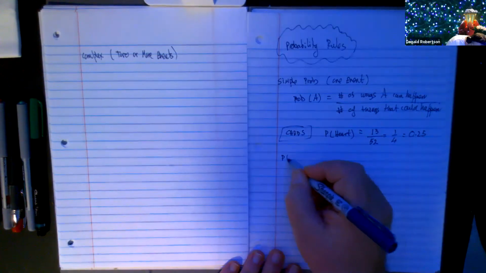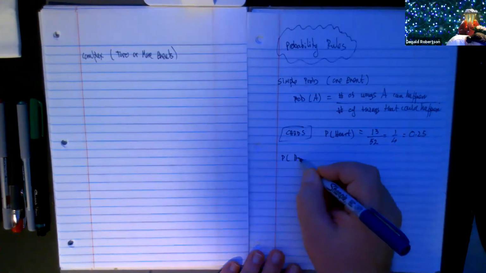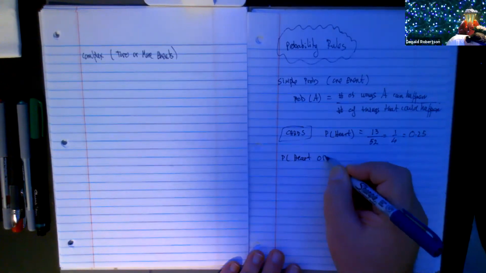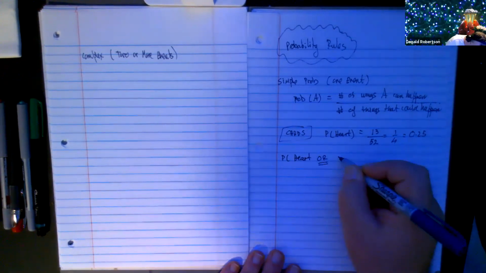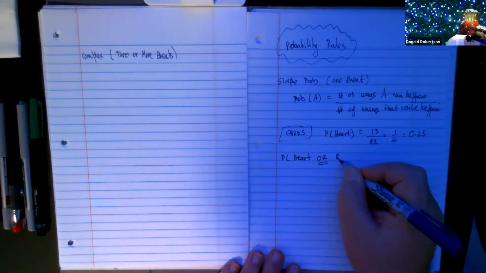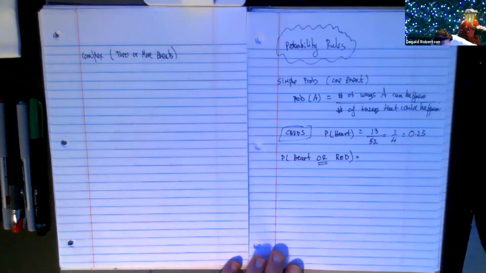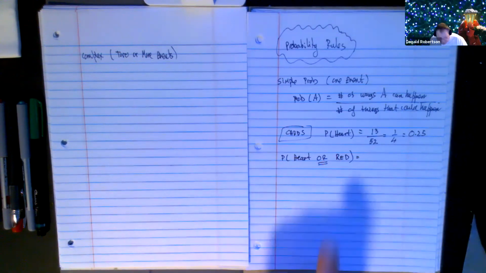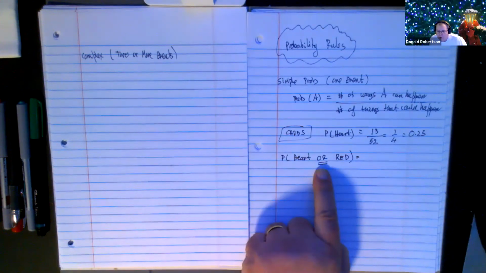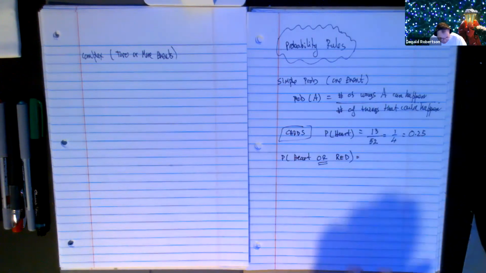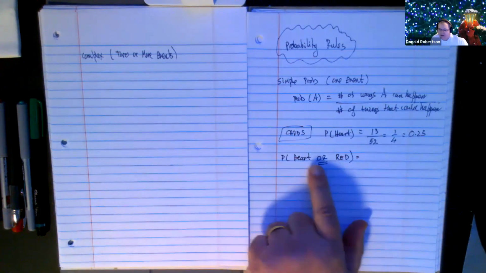Then you have a probability that you choose one card and it's a heart or it's red. So this is a probability when you see the word or. It's still one event, you're just taking one card out of a deck, but it's a heart or a red.